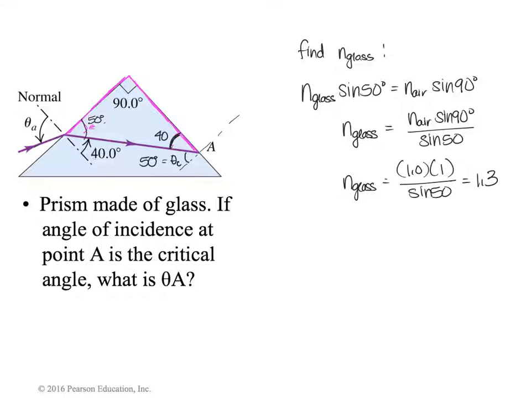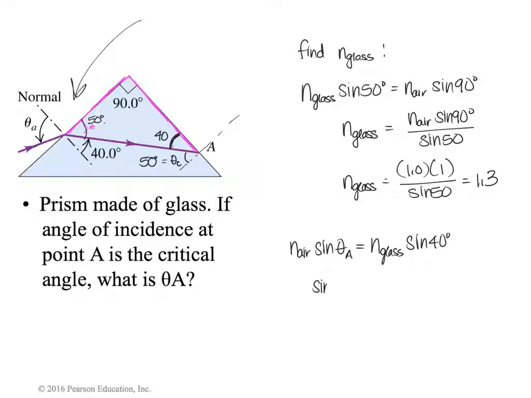Now we can go back to the incident side, and so on the opposite side over here, we can say that n of the air times the sine of theta A, which is what we're looking for, is equal to n of the glass times the sine of 40 degrees, which is the refracted angle at the first interface.